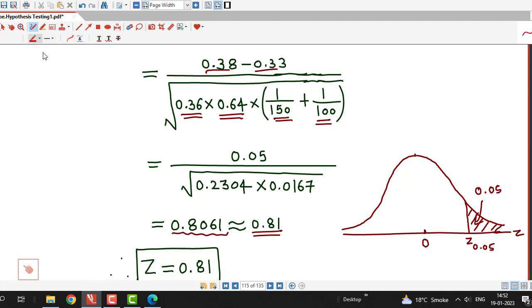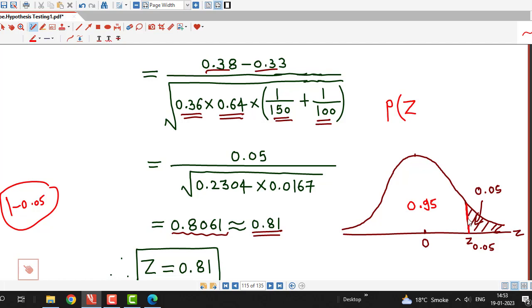Now once we know that this area to the right of this point is 0.05, area to the left will be equal to 1 minus 0.05, because total area under this normal curve is always 1. So this area is 0.95, and we know that area under this normal curve is nothing but probability.